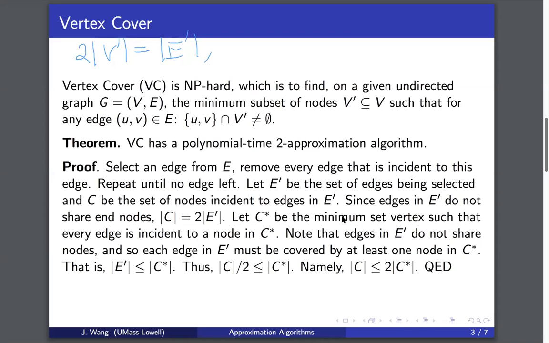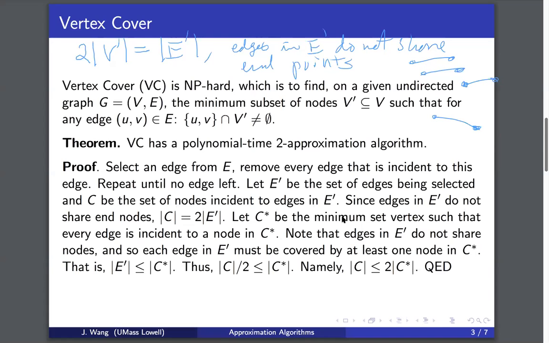These edges in E prime do not share endpoints. They are independent. In other words, these edges look like this: they don't share any endpoints. So that's how I pick my E prime, and all these endpoints, you take them up, and it becomes our V prime.